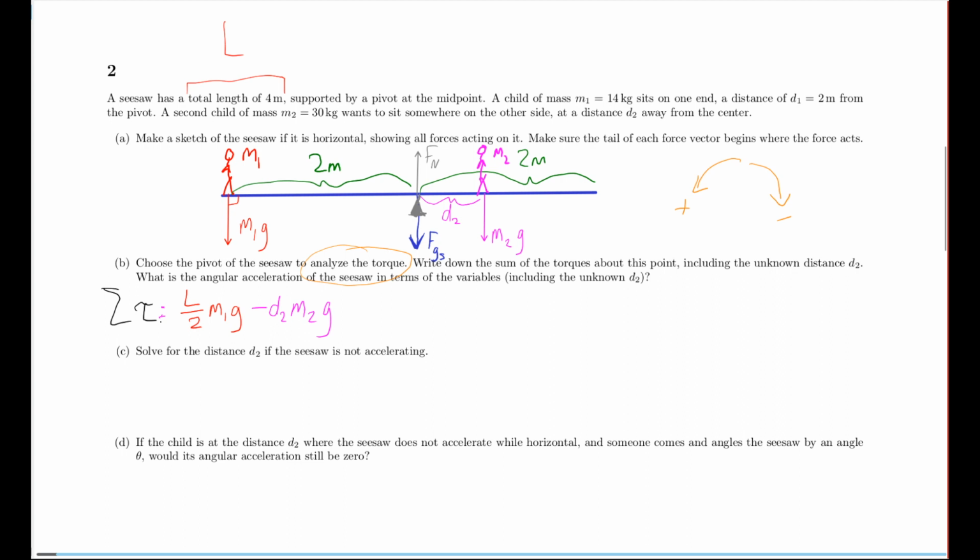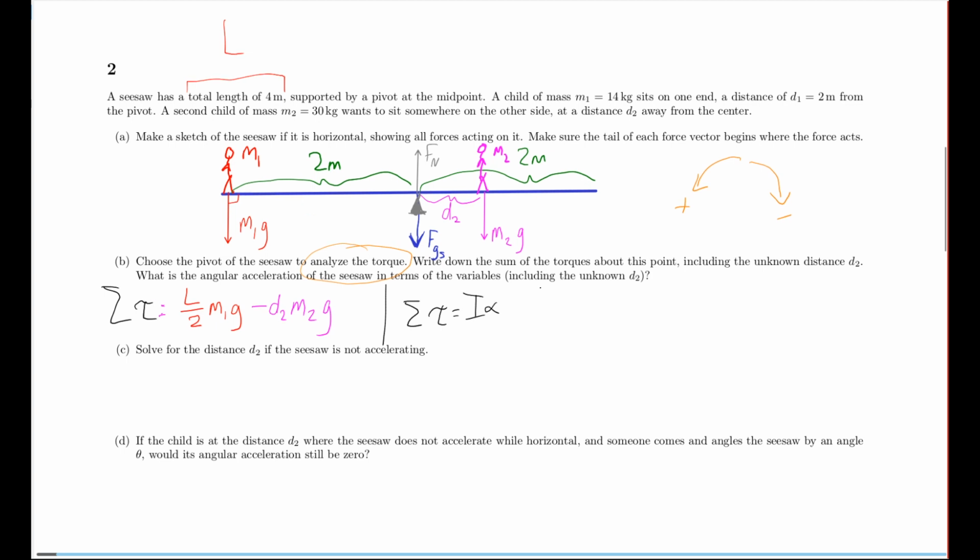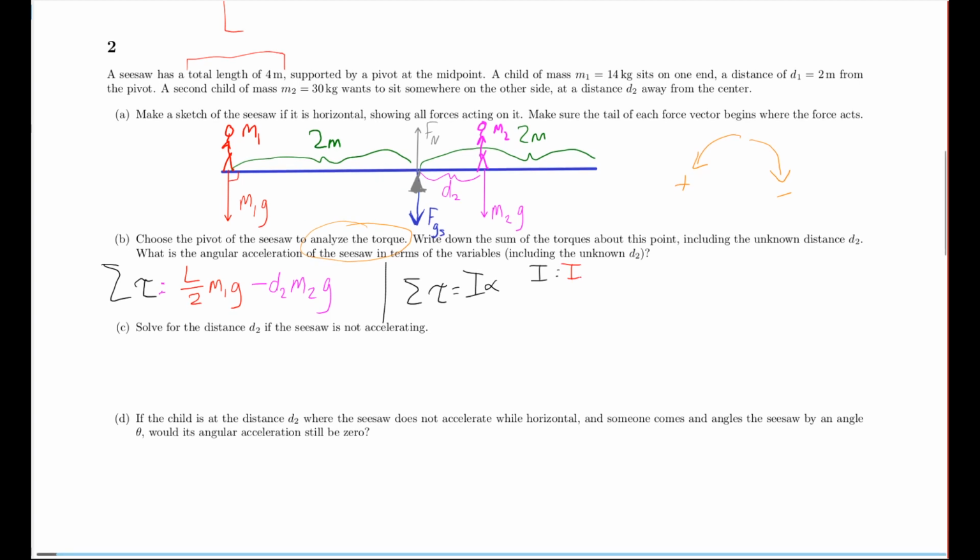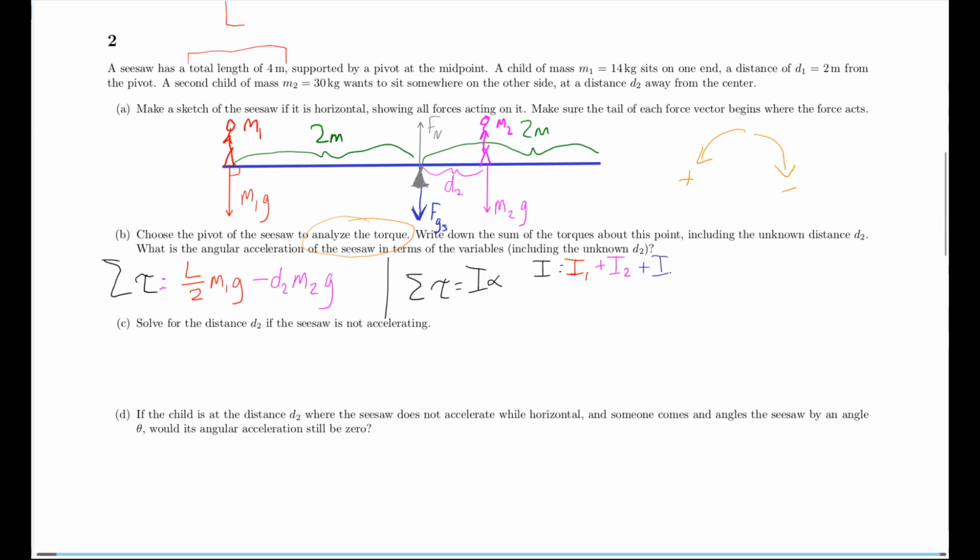Now, for the angular acceleration, we actually don't know the moment of inertia of the board. So to find the angular acceleration, remember that the net torque is equal to I alpha, and the moment of inertia is going to be the moment of inertia of the red child, number 1, plus the moment of inertia of the pink child, number 2, plus the moment of inertia of the board, or of the seesaw, I'll use S, and we actually don't know that.